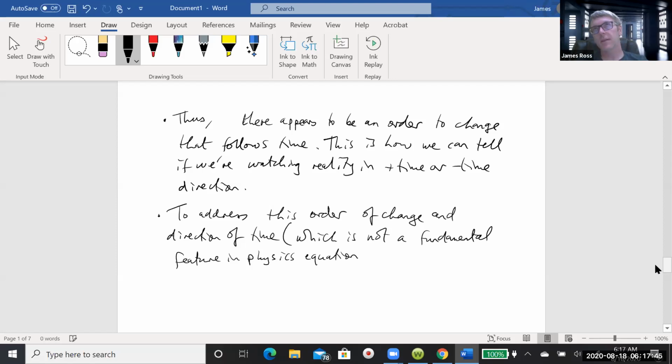It's actually still not, I almost said it's not a fundamental concept in physics. It's still, to my knowledge, undecided. People debate either way, but certainly not in the mathematical equations. So it's not fundamental in the mathematical equations. So to account for it, despite it not being in the fundamental equations, entropy was invented by people like Josiah Willard Gibbs and Ludwig Boltzmann.